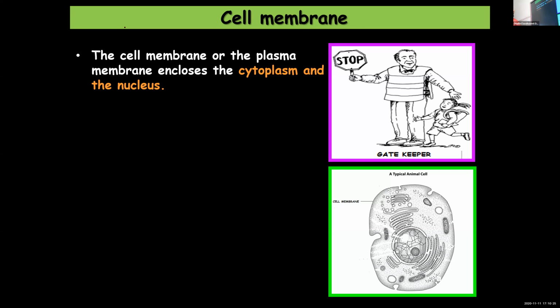Cell membrane or plasma membrane encloses the cytoplasm and nucleus. The remaining two, cytoplasm and nucleus, are enclosed by the cell membrane. It is within the plasma membrane that we can see the other two components, cytoplasm and nucleus.